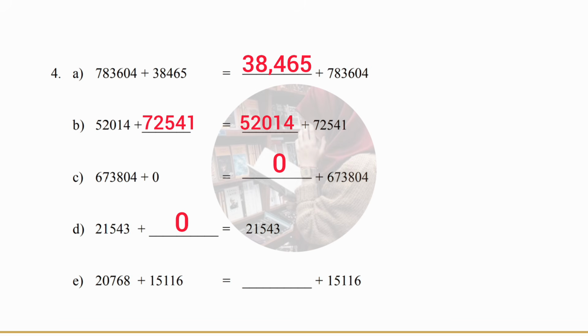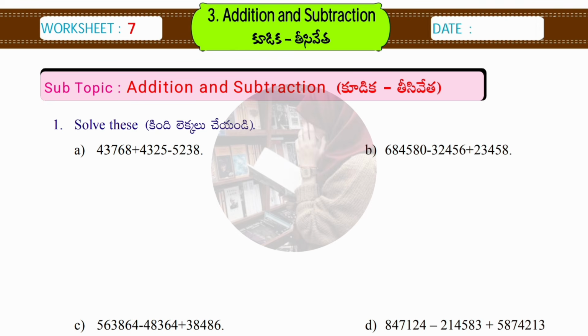If the answer is the same number, then the number added will be exactly 0 itself. Okay, let's see the fifth one. 20,768 plus 15,116 is equal to 20,768 plus 15,116.